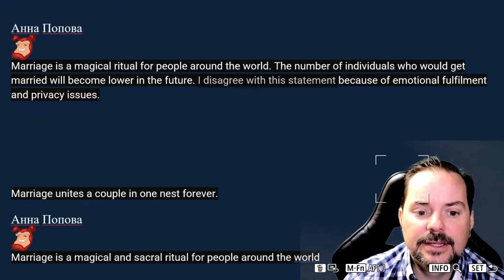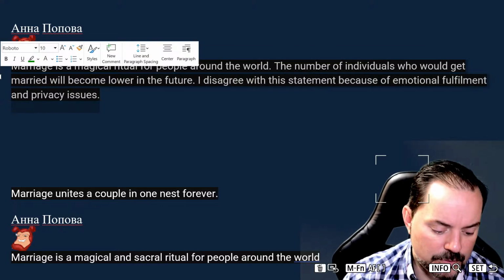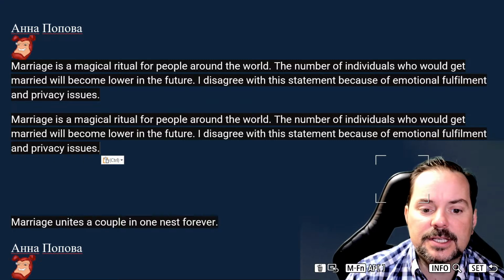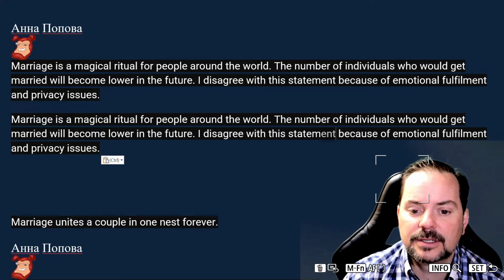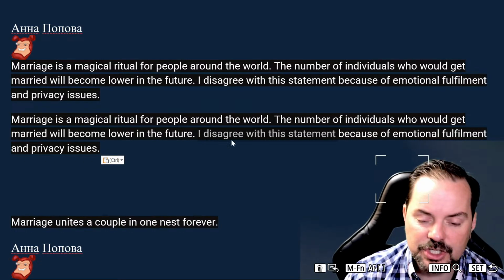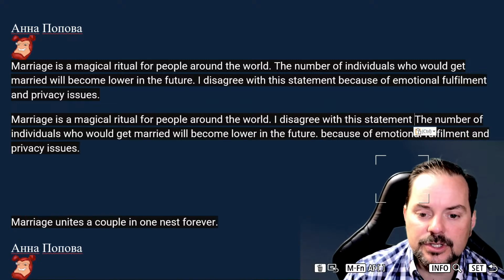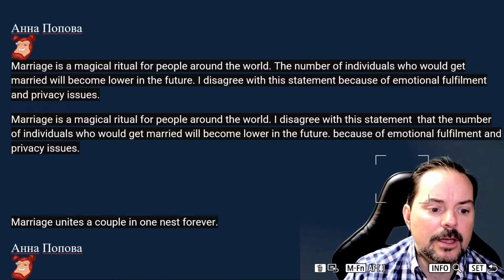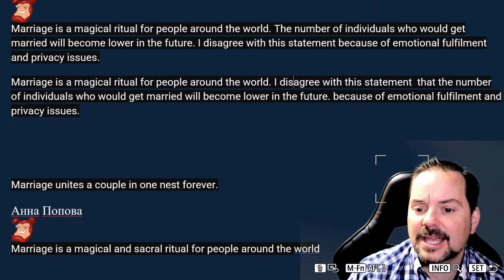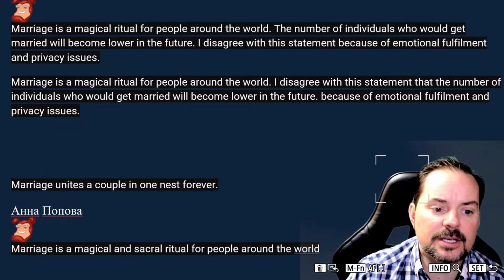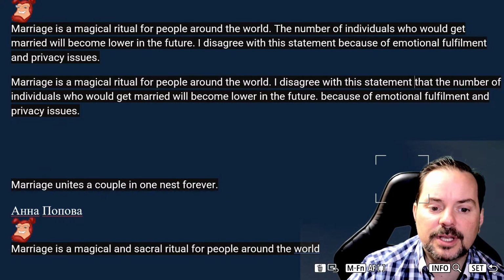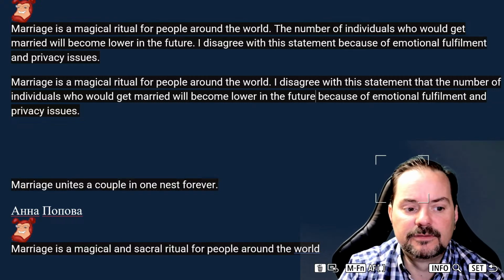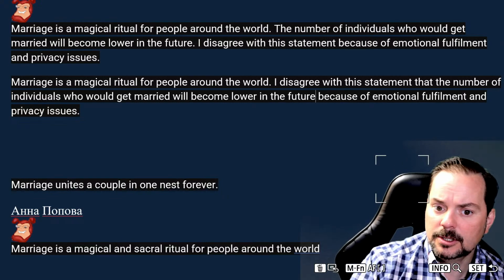A better way to write this, Anna, for coherence and fluency is like this. Watch the wording here. So I disagree with the statement that the number of individuals who would get married will become lower in the future because of emotional fulfillment and privacy issues.